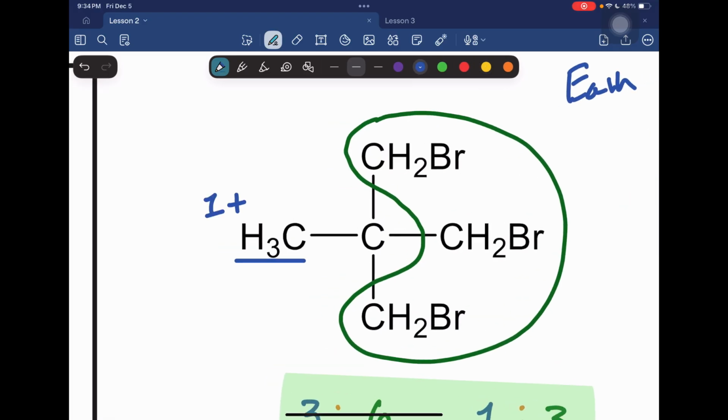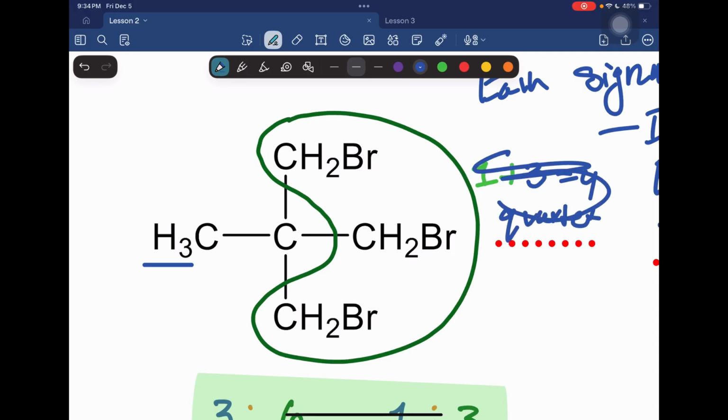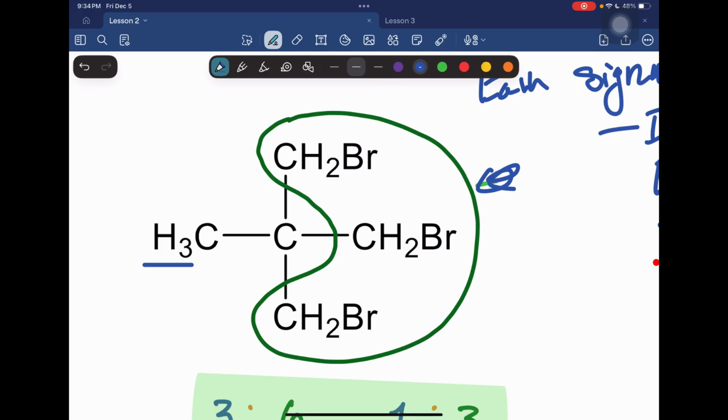We do 1 plus how many neighbors there are? 2, 6, 8. Plus 1 equals 9. That's how many peaks this one is going to have. Okay? But if we do it here, this whole thing is going to be the 1 plus how many neighbors it has, which is right there. That's 3 neighbors, 4. This is going to be a quartet. So that's how the n+1 rule works.